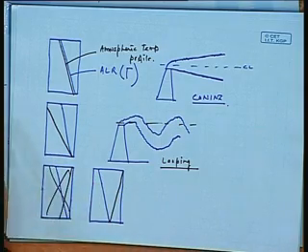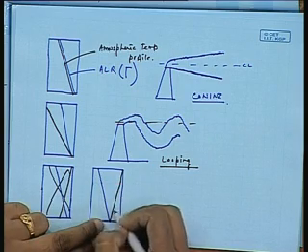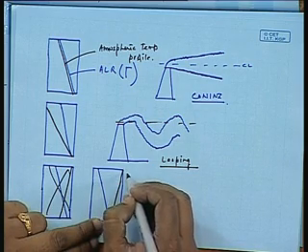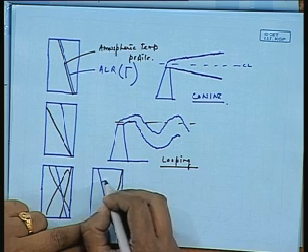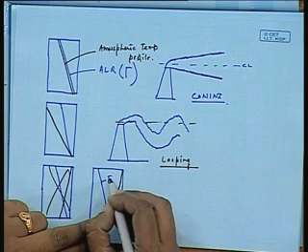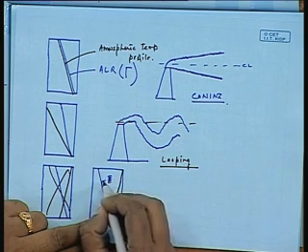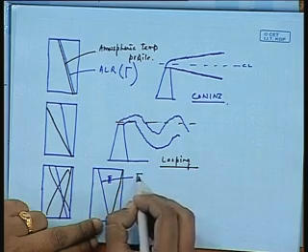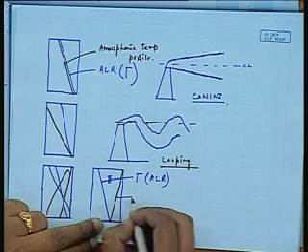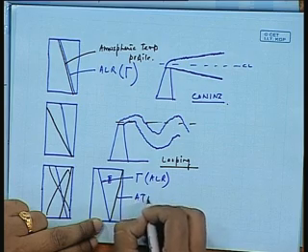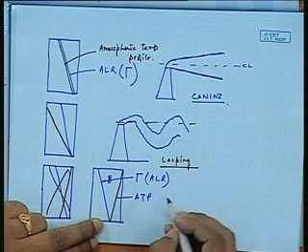You can see an interesting change here: it is decreasing here, it is increasing here. This one is the ALR that we have shown, and this is the ATP, that is, the atmospheric temperature profile.